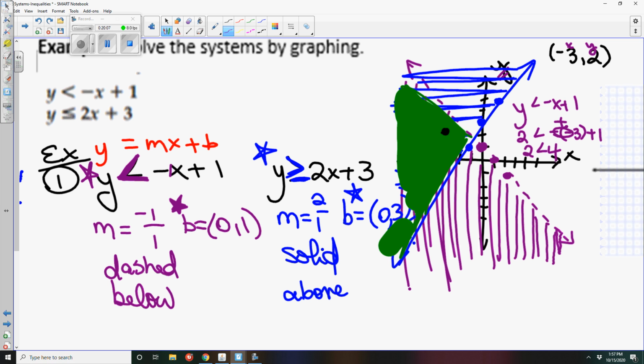Yeah, that works. And you do the same thing with your other inequality: y is greater than or equal to 2x + 3. Now check it. What's our y value again? 2 is greater than or equal to 2 times x, which is negative 3, plus 3. What's 2 times negative 3?